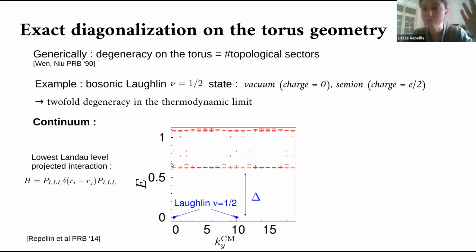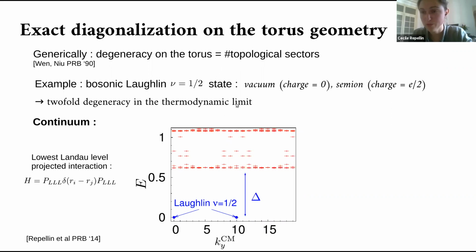So this is why every eigenstate is labeled with this center of mass momentum. Here you see that you have a ground state at energy 0, and it is exactly twice degenerate. And then you have a gap delta to higher energy excitations. So this is one system size.